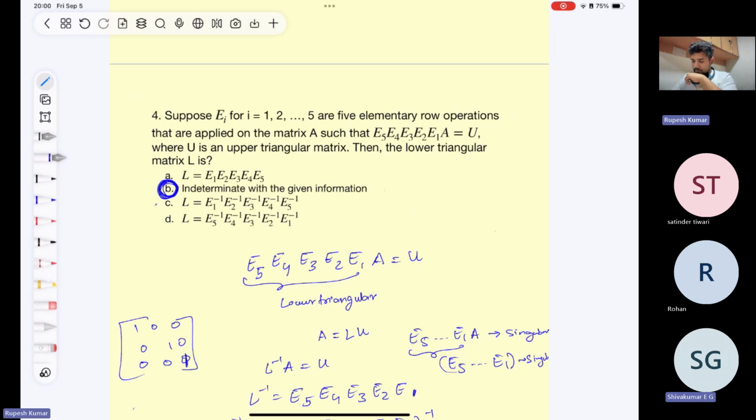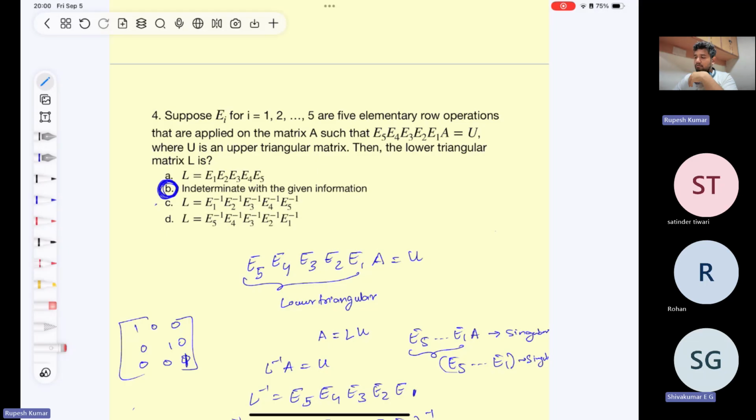He is relating that to the upper triangle on the right hand side, which is wrong. Because after doing the E5, E4, E3, E2, E1 operations, you will end up with a lower triangular matrix on the left hand side.